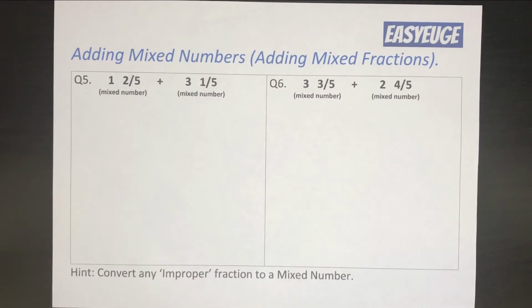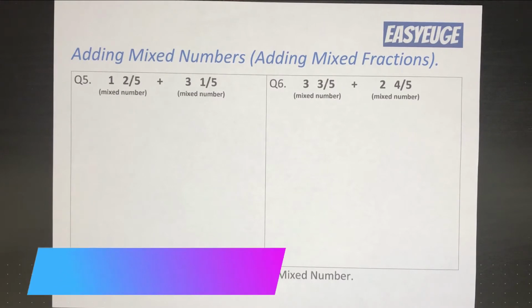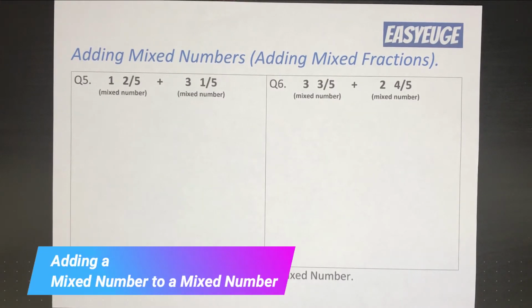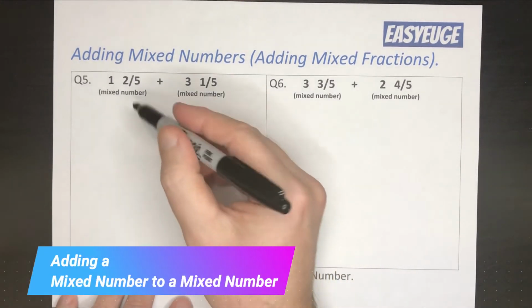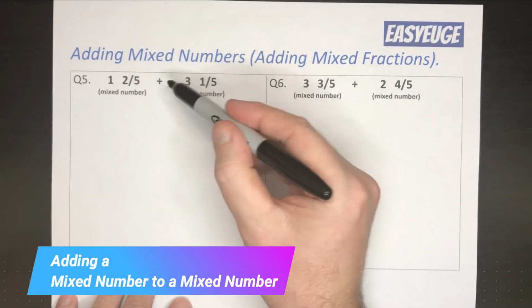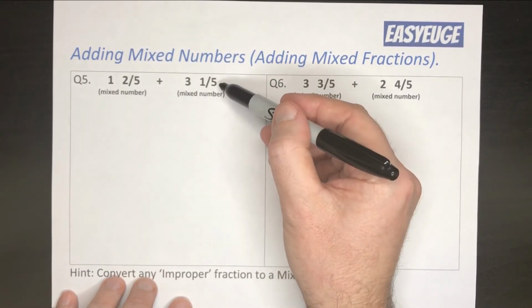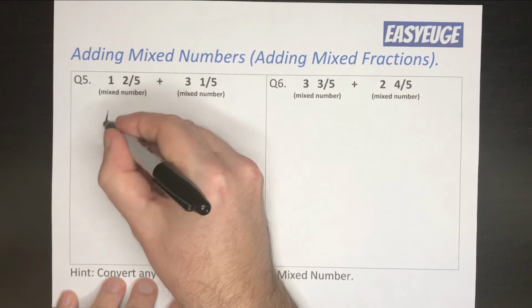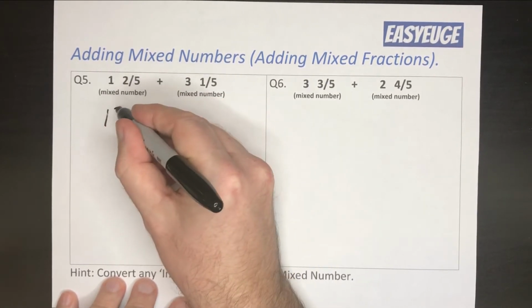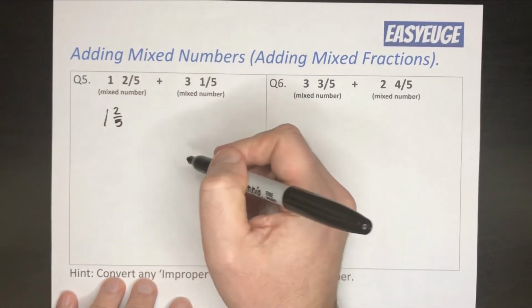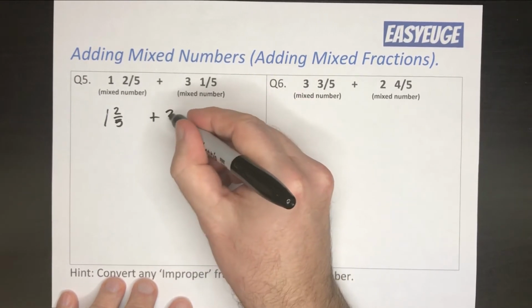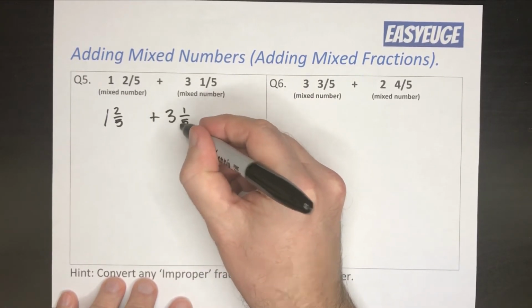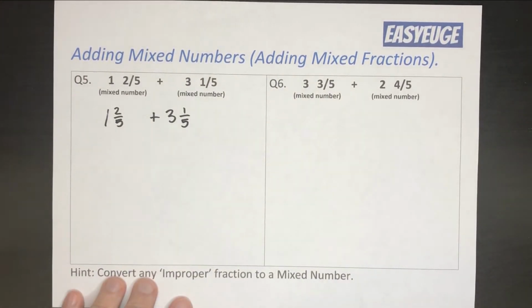The next level is to add a mixed number to another mixed number. So let's use this example here. 1 and 2/5 plus 3 and 1/5. Let's write that down. 1 and 2/5. And we're going to add on 3 and 1/5. And we know that we can break this up into whole numbers and fractions.